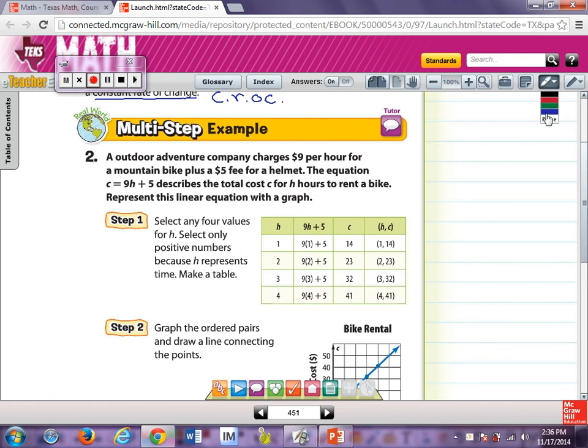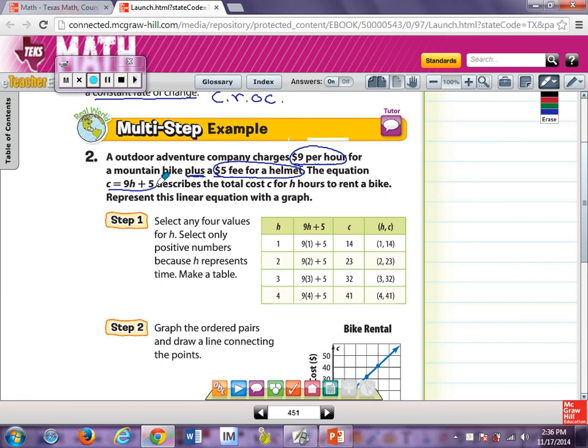That's a unit rate, which means this is going to be multiplied by something, for a mountain bike plus a $5 fee for the helmet. So we have two things, $9 for every hour plus $5 for the helmet. The equation C equals 9H plus 5 describes the total cost, C, for H hours to rent a bike. Represent this linear equation with a graph.